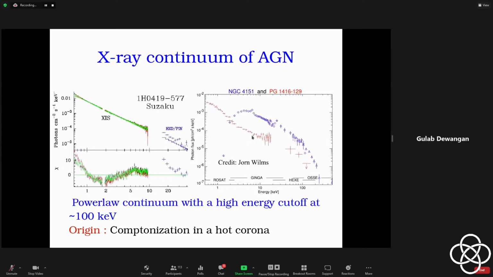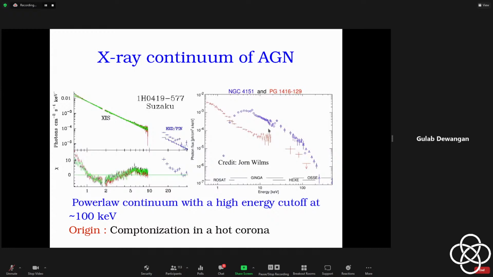For example, in the case of this AGN PG1416, below about 2 keV there is some kind of excess component, which we call a soft X-ray excess. And at high energy, above about 100 keV or so, we don't detect enough photons, so it looks like the power law does not continue at high energy, but cuts off at 200 keV or so.